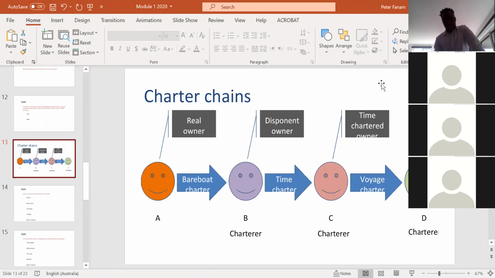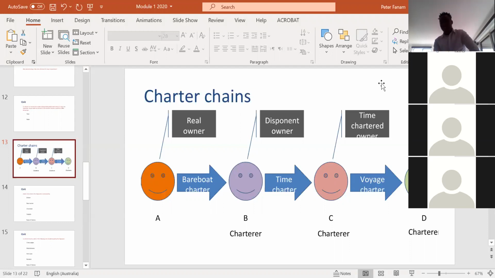And then charterer B, who chartered from the real owner, A, will become a disponent owner to charterer C. Simply because charterer C only knows B as the owner of the vessel. When he's chartering the vessel from the bareboat charterer under the time charter, he only knows the bareboat charterer as the owner.